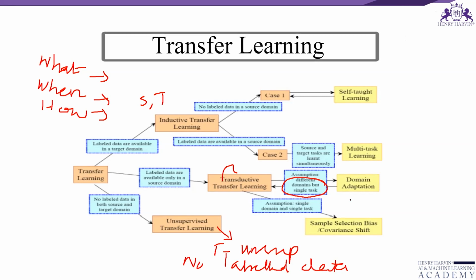This can be further divided into categories, either where the feature spaces are different or the marginal probabilities are different, right? So these are the three transfer categories discussed here where transfer learning can be applied, and this can be studied in detail. You can see here transfer learning, inductive transfer learning, transductive transfer learning, unsupervised transfer learning, right?